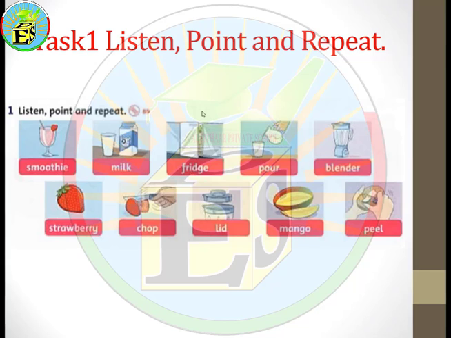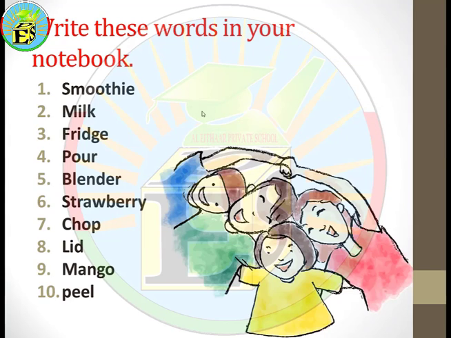So now, after we listen to these new words, I would like you to open your notebooks and write the numbers from 1 to 10 and write these new words. So let's read the words one more time together. The first one is smoothie. Number 2, milk. Number 3, fridge.